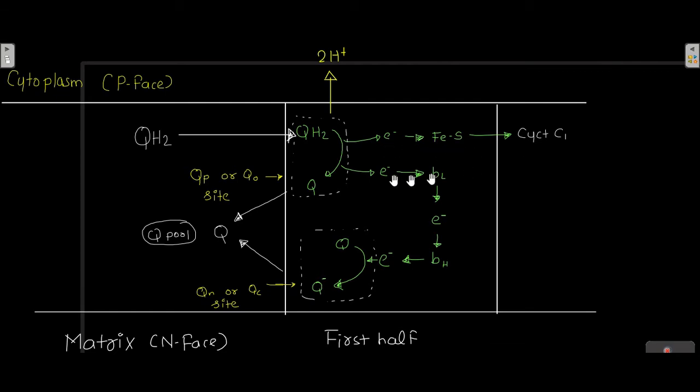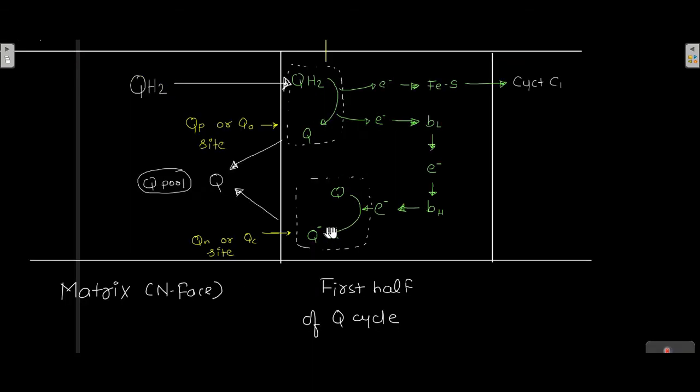The other electron goes to bL, then to bH, then to the bound ubiquinone, which gets converted into ubisemiquinone. The newly formed Q then enters the Q pool. When this QH2 gives two electrons, two protons go into the P phase, towards the cytoplasm. This is what is happening in the first half of the Q cycle.